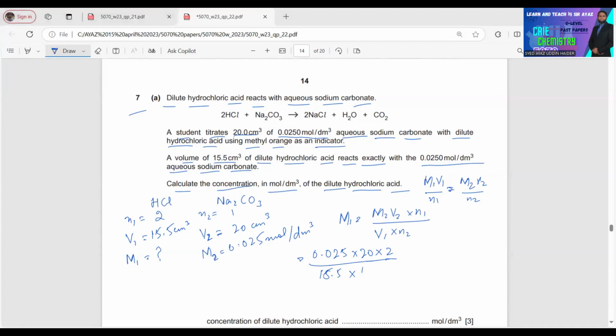Now 0.025 multiplied by 20 multiplied by 2 divided by 15.5.